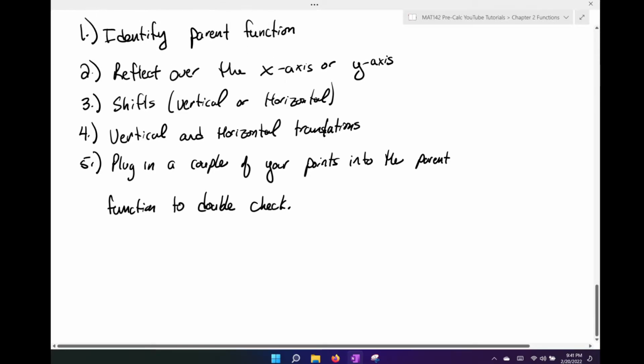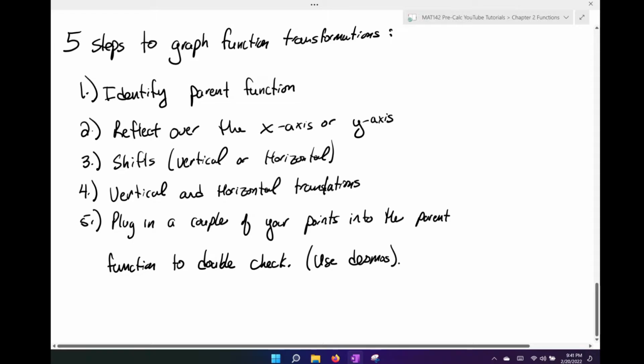Personally, you can use Desmos to just check your work, okay? But here are the 5 steps to graph function transformations, all right? Because like I said, we're going to start doing reflections now, and then we're going to end up with the vertical and horizontal translations, stretching, compression, shrinking, stuff like that. So we want to make sure we have at least some sort of a method on how to do this.